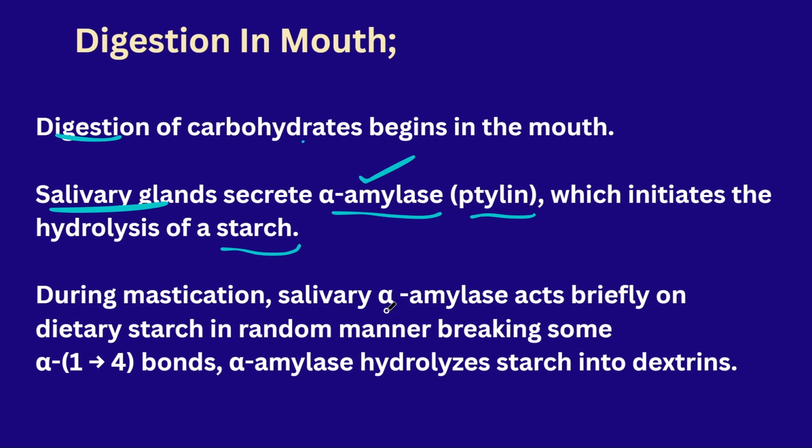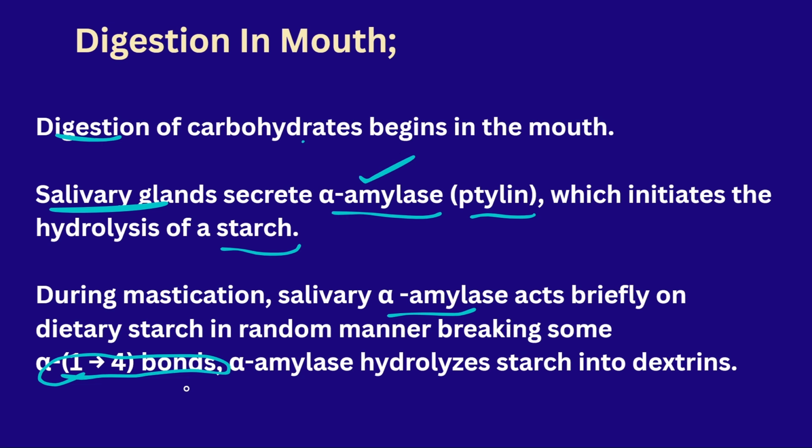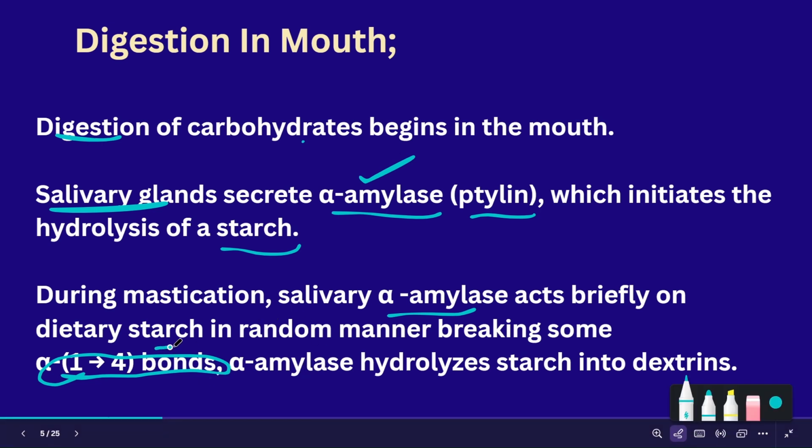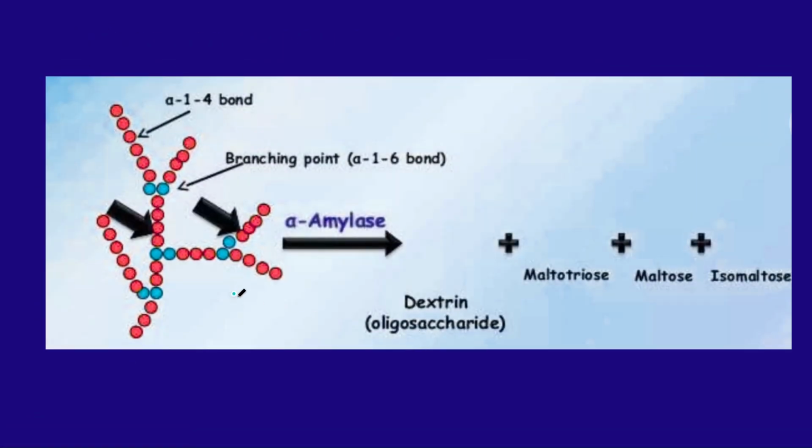So what is the function of salivary amylase? This amylase is helpful for breaking down the bond. The bond is the alpha 1,4 glycosidic linkage. This bond is present in the starch. This bond should be broken down into dextrins. Here you can see the picture, right? Here we have the structure of the starch.